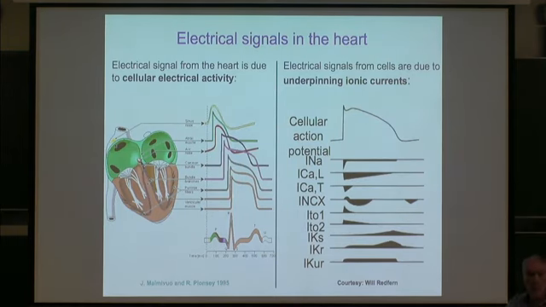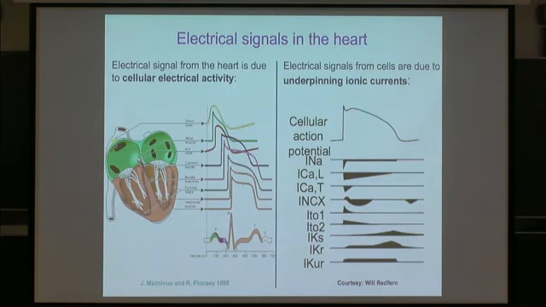And so myocytes, cardiac myocytes, are excitable cells. They're excited by a stimulus, which then propagates through the heart, and at this point calcium kicks in, and it's the calcium channeling that causes the heart to contract.